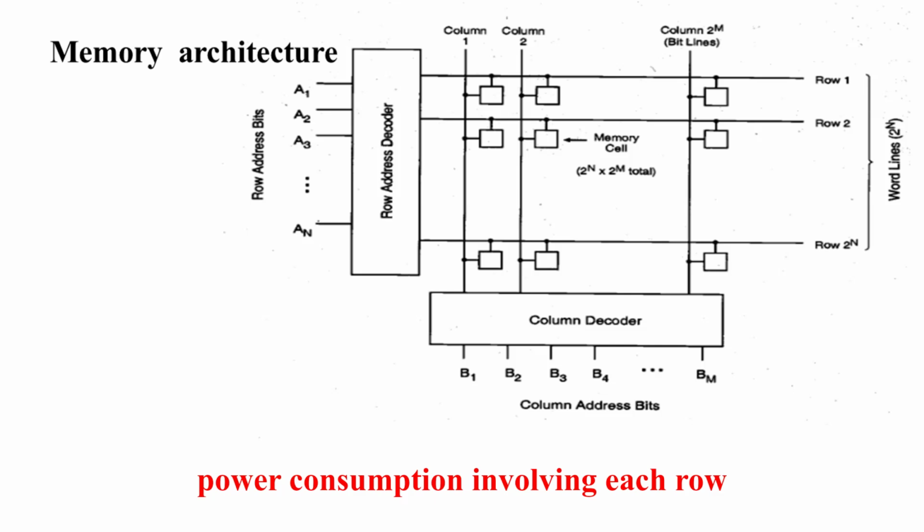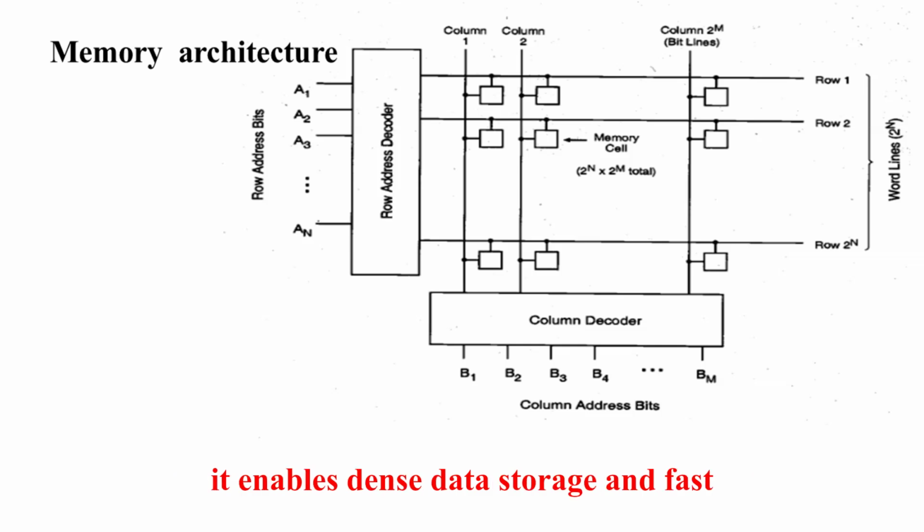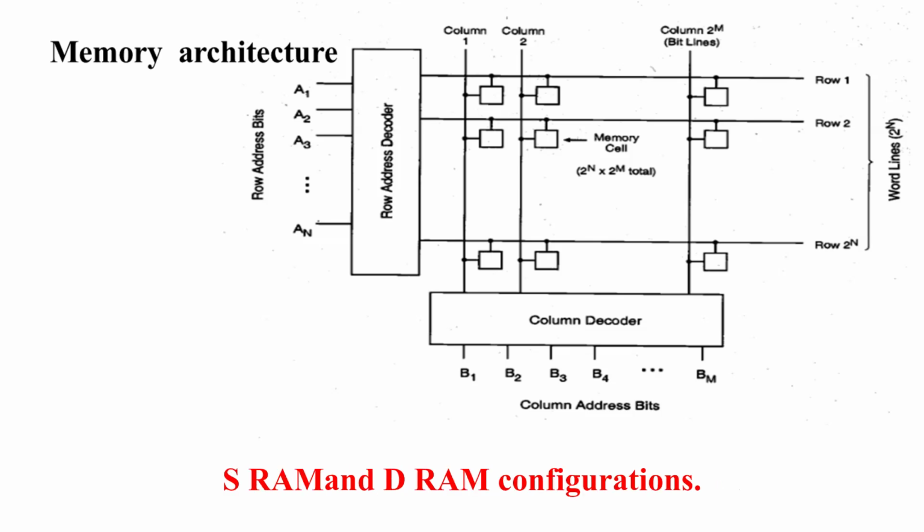Power consumption, involving each row activation, which consumes power, especially in DRAM, where frequent refreshing is required. This array structure is fundamental in RAM design, as it enables dense data storage and fast access, making it the standard in modern SRAM and DRAM configurations.